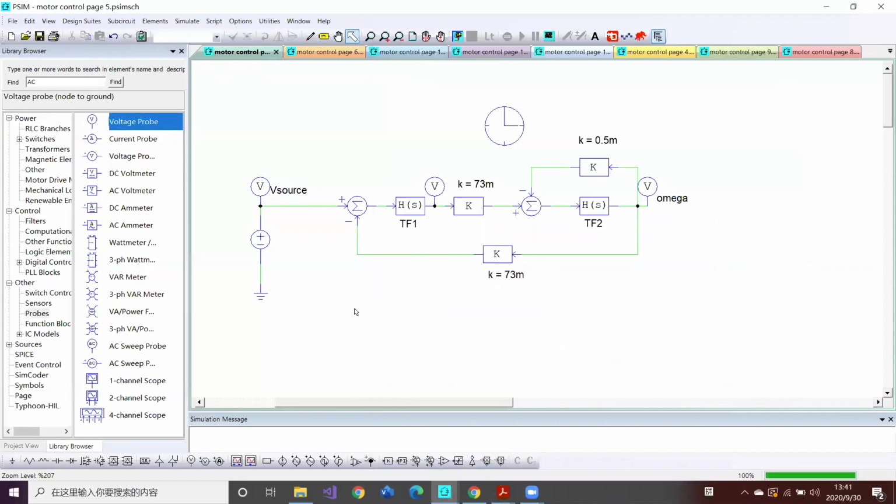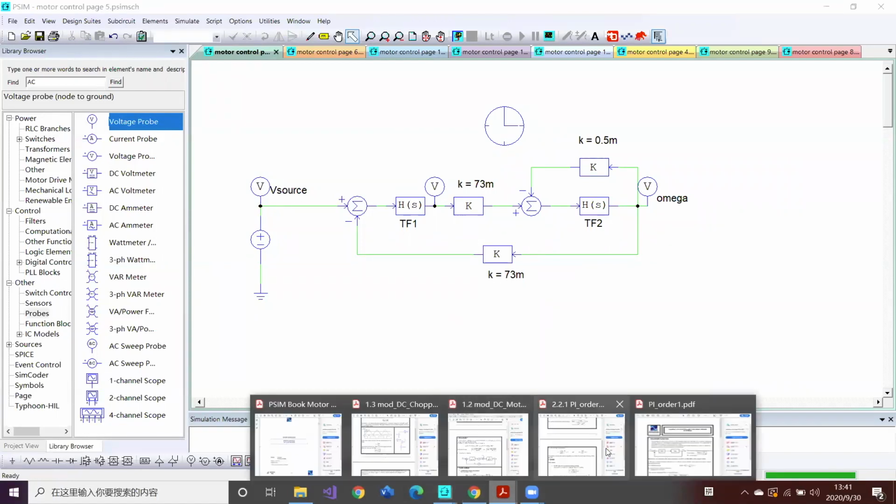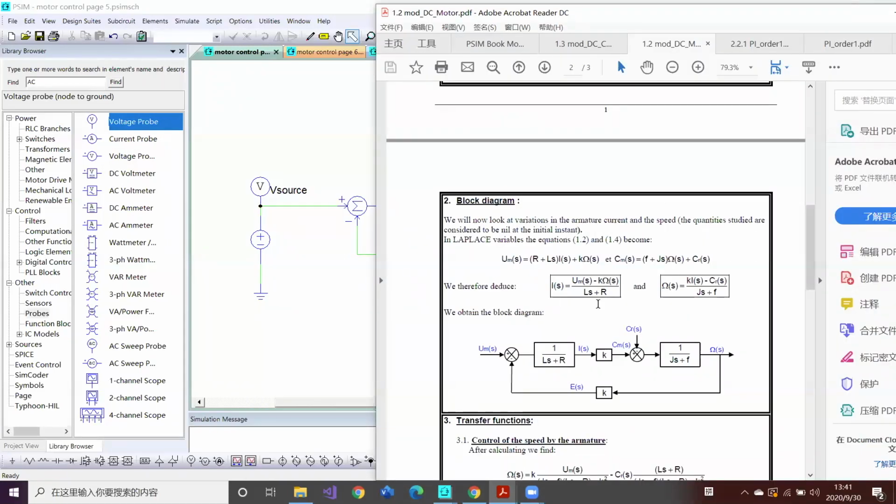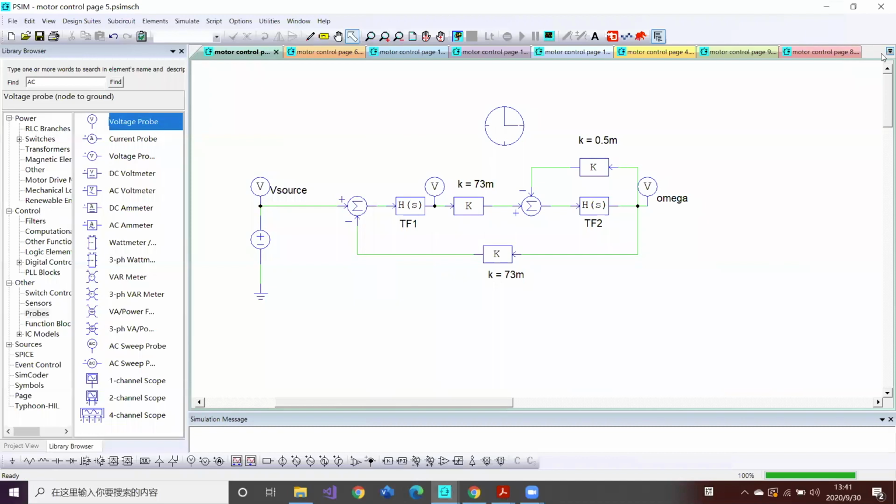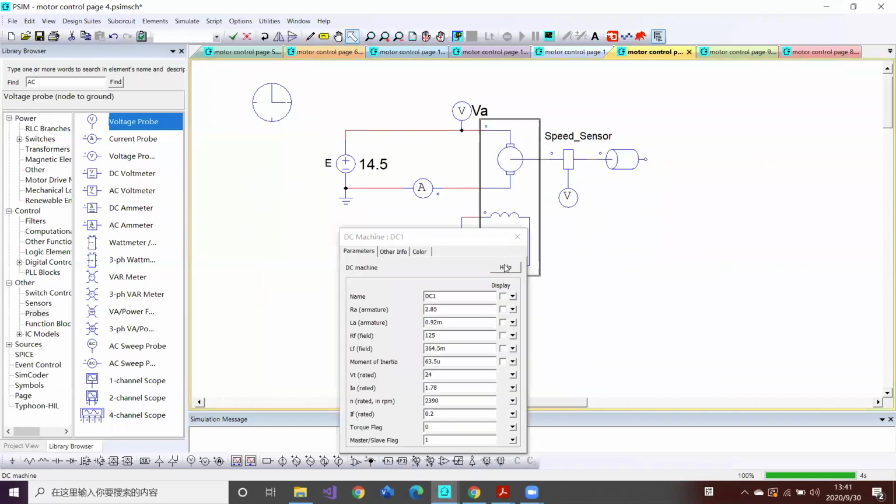So for example, for our first block, we are going to find the inductance. In our physical model, our inductance is 0.92, so you know that A1 should be 0.92.